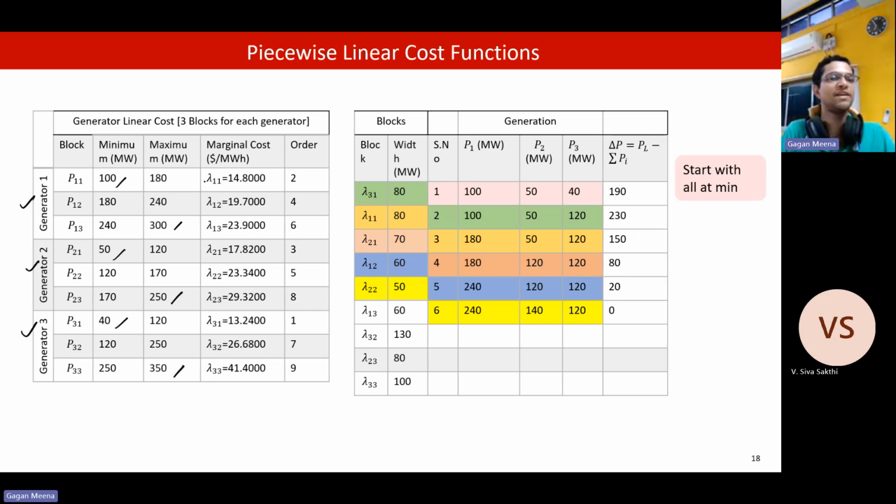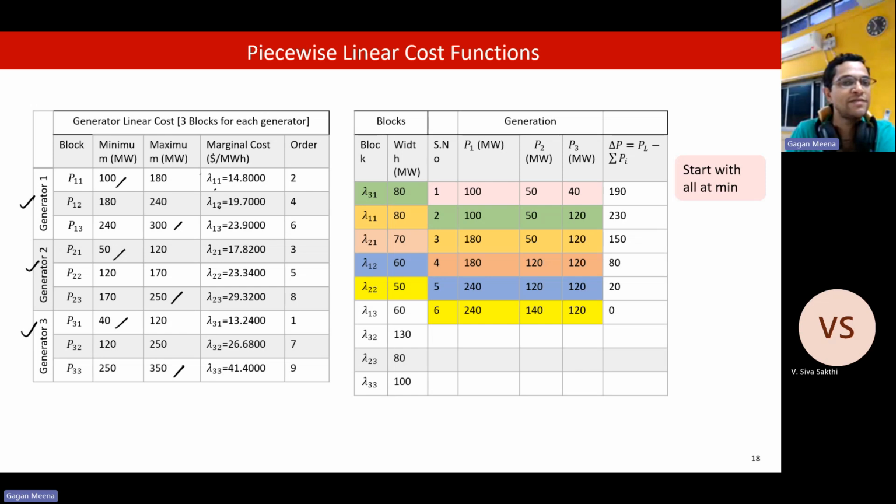So for each of them, we can calculate the slope. And the slope is the same as the incremental cost for that block or segment, so I call it marginal cost or incremental cost. For each block we can calculate it. Lambda 11 means the first subscript is for the generator and the second one is for the block. So lambda 11, lambda 12, lambda 13 are for the first generator.